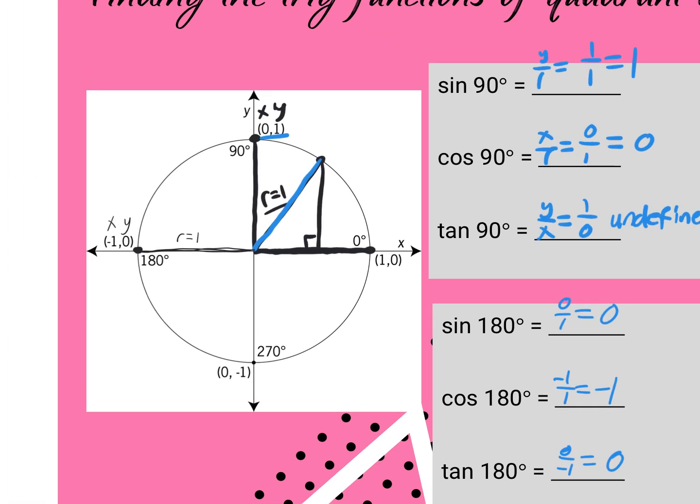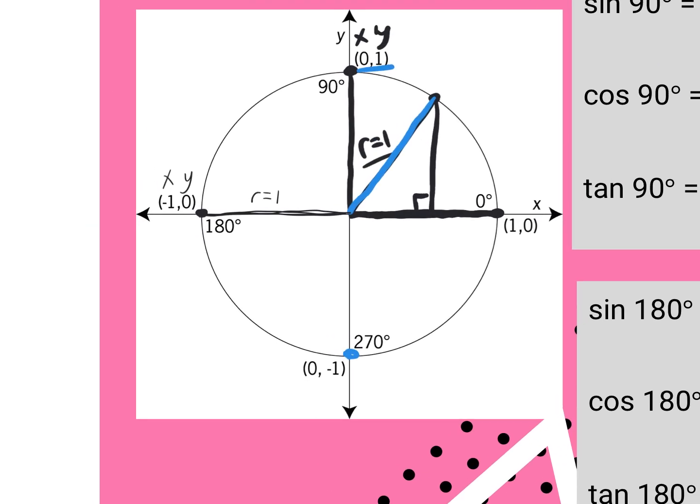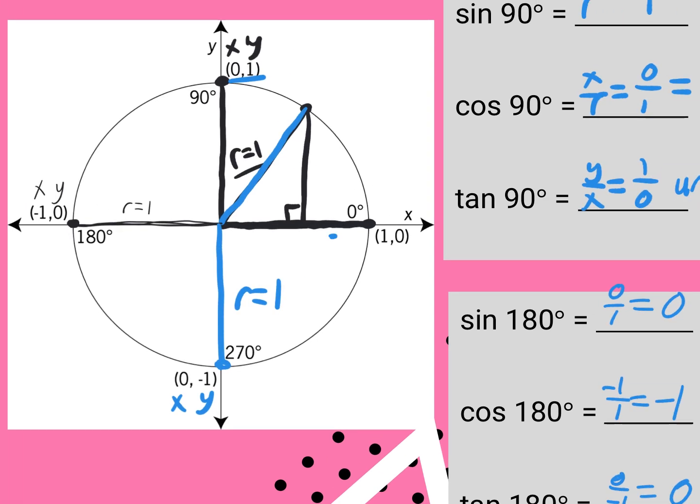So if I wanted to do 270, as long as you know where 270 is, you can say that this is a circle of radius 1 and a point x of 0 and y of negative 1. Same thing with 0 degrees, or this is the same as 360 degrees. All right, so that's going to be an x value of 1, a y value of 0, and we can still say that this is a radius of 1.